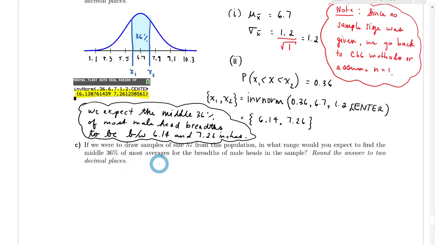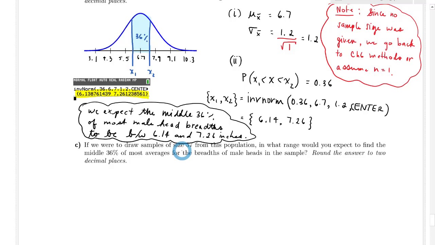Now what would be the range of the middle 36%? So it's actually the same process, but instead of n equal 1 and finding values of head breadth, we're now having a sample size of 57, and we're looking at averages of samples for head breadths.